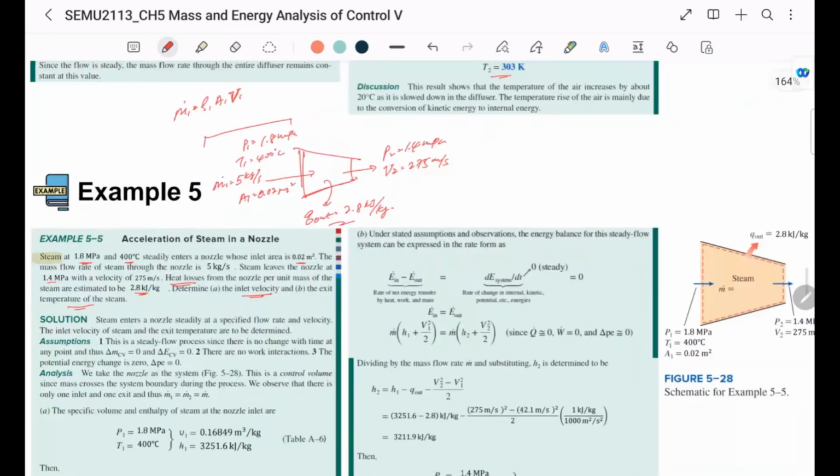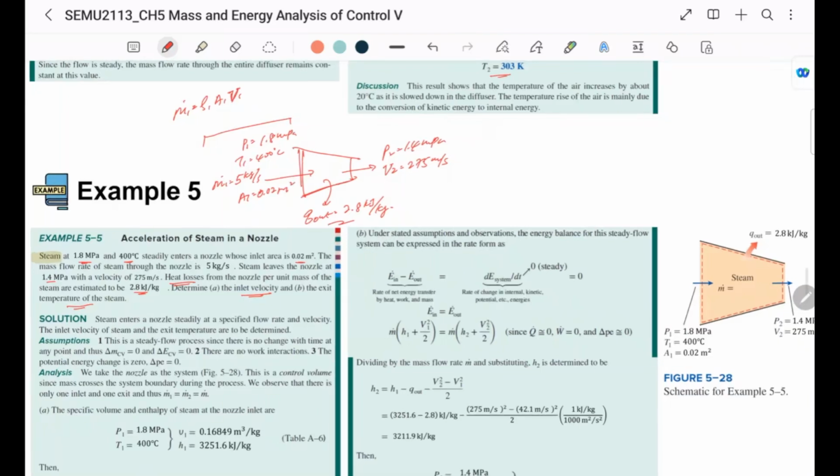We cannot use P over RT because that is for ideal gas. It's wrong to apply this equation here. This is steam. It's not ideal gas anymore. So for density here, we have to use 1 over specific volume.